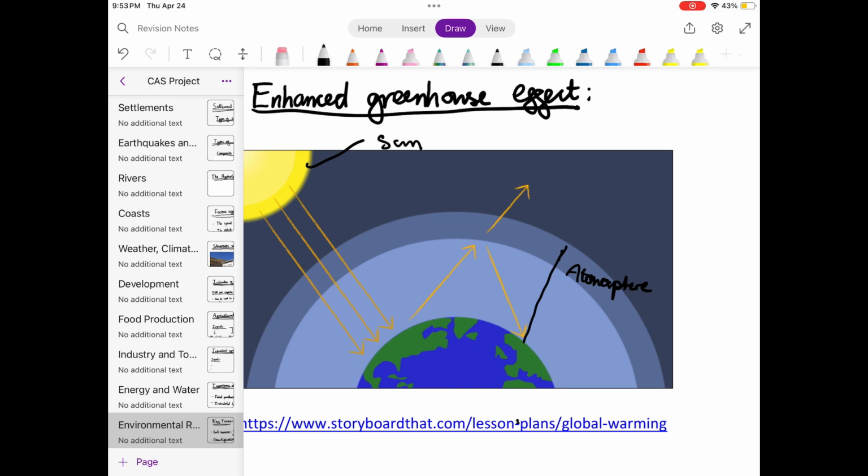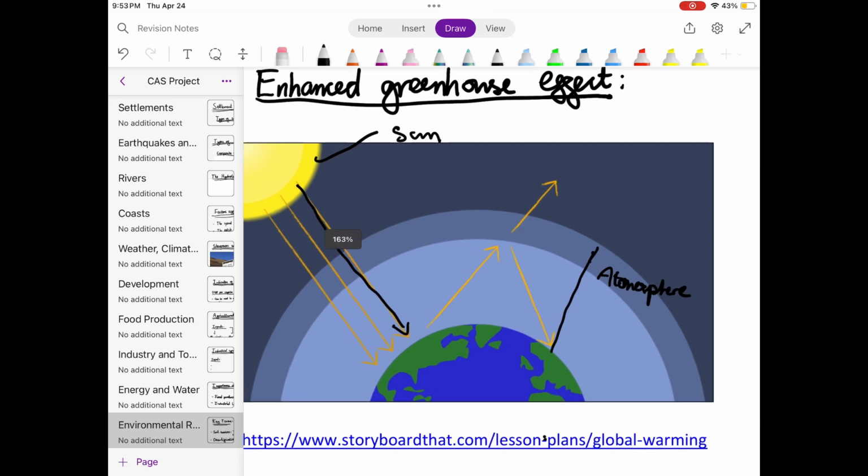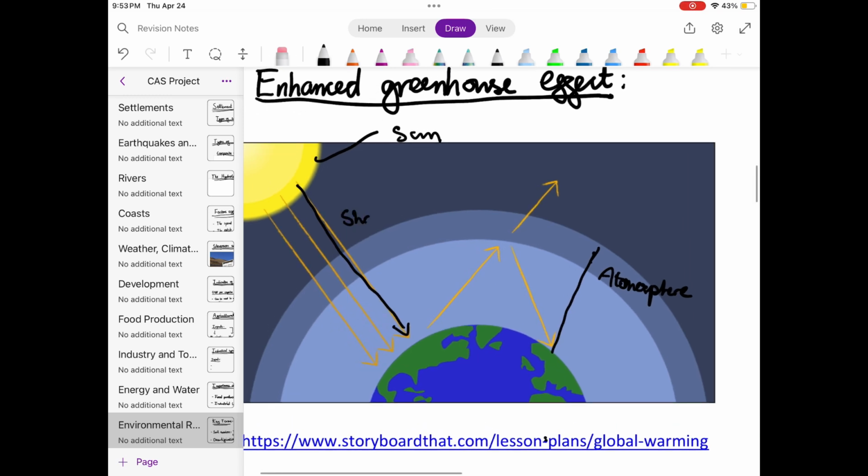And basically what happens in the enhanced greenhouse effect is that these arrows here from the sun to the Earth are shortwave radiation, and this passes through the atmosphere into the Earth, which causes the Earth to heat up.